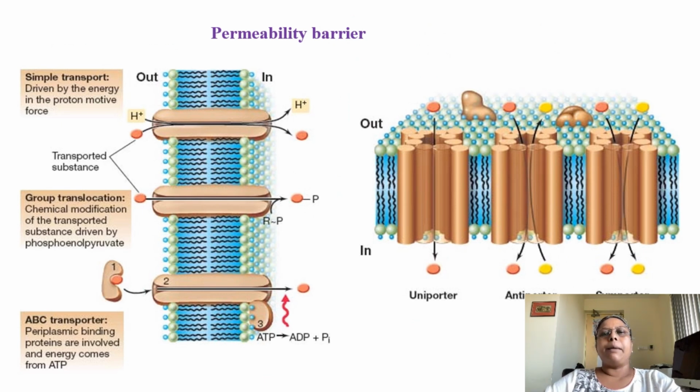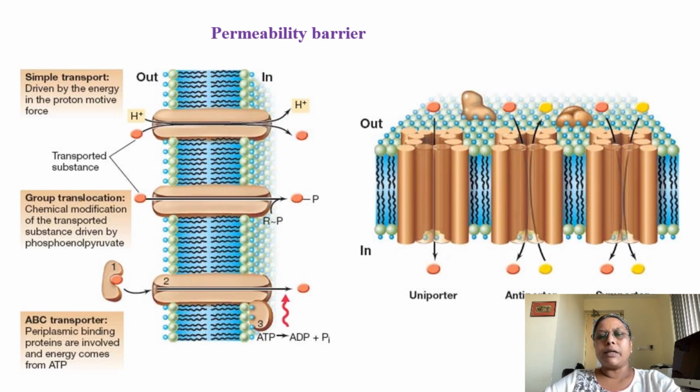The proteins embedded in the cell membrane serve as a permeability barrier, allowing transport of specific substrates across the membrane by utilizing energy. Depending upon the energy source, substrate transported and direction of transport, these proteins have been categorized into simple transport proteins, group translocases, or ABC transporters.